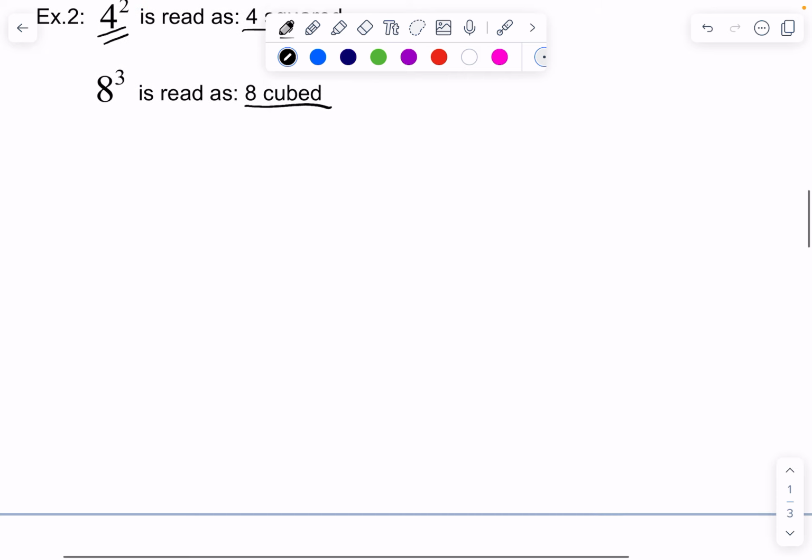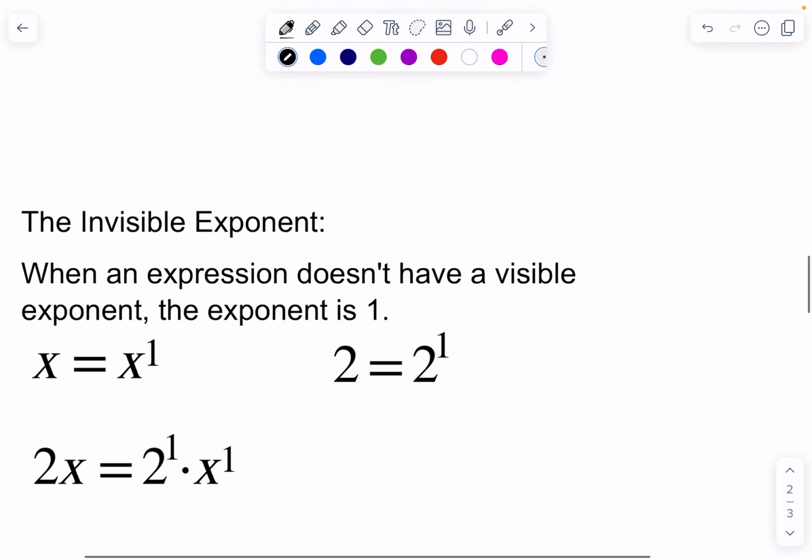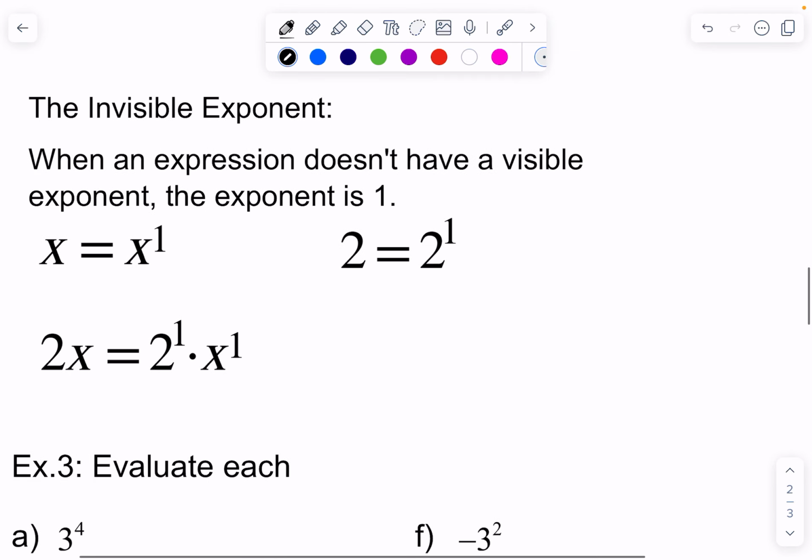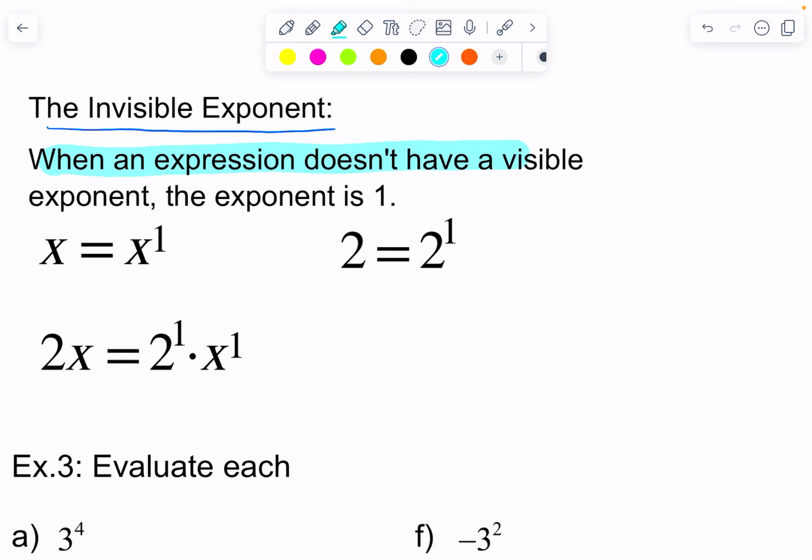All right, let's talk about working with exponents, just the basics. Before we do that, I want to talk to you about the invisible exponent. When an expression doesn't have a visible exponent, the exponent is 1.